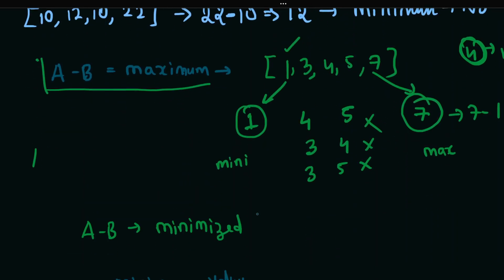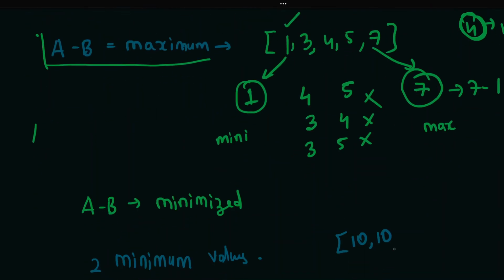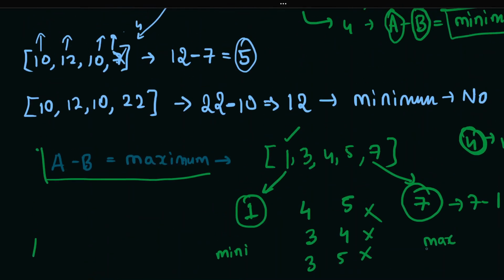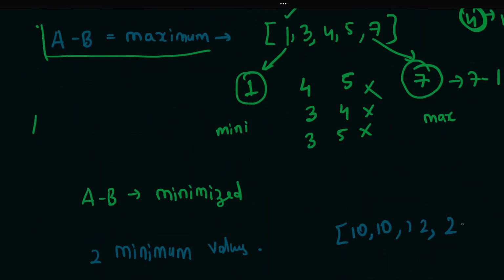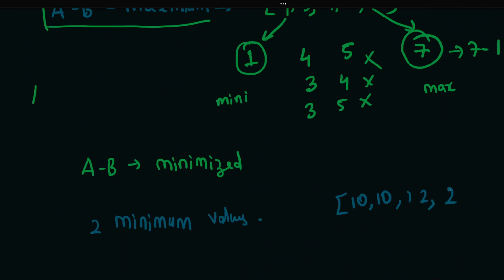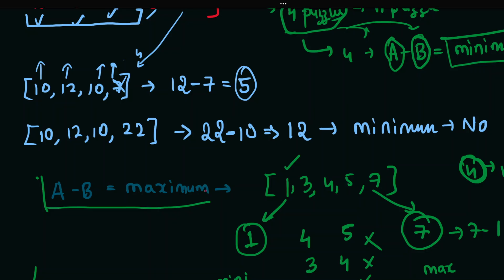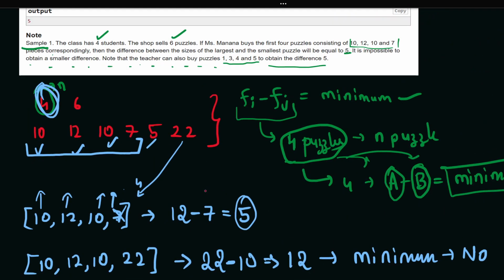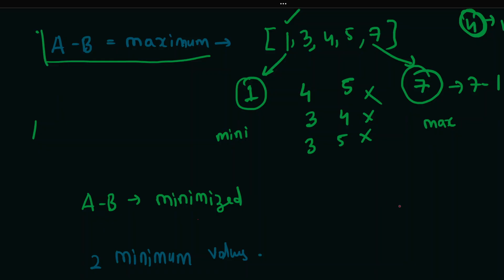Okay, let's take that same example. 10, 12, 10, 7, 5, 22.